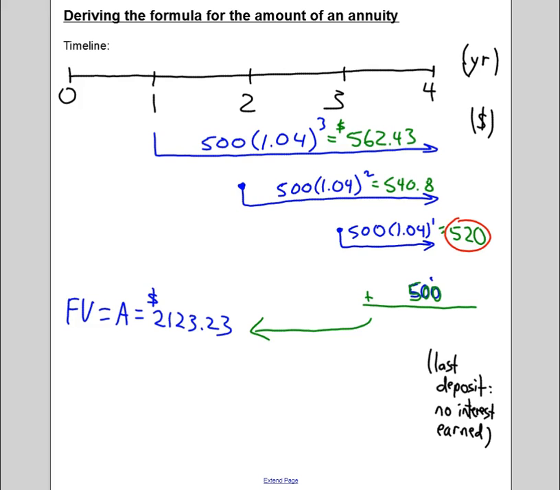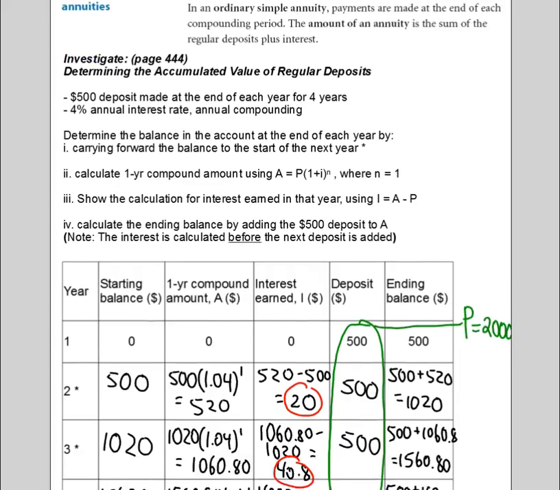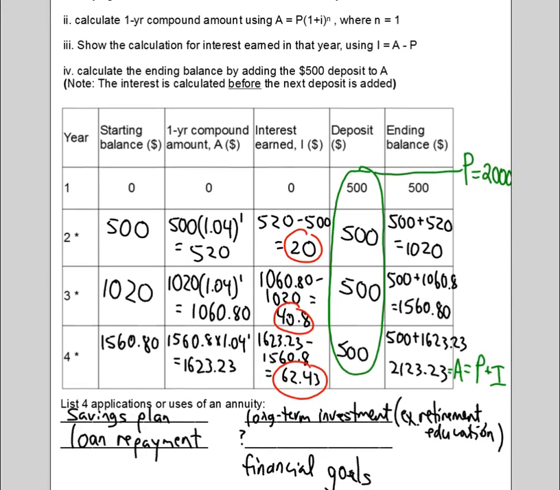So just the order is reversed here. Just take note of those numbers: 520, 540.8, 562.43. They all appear, at least the interest portion appears in all of them, except in the opposite order.